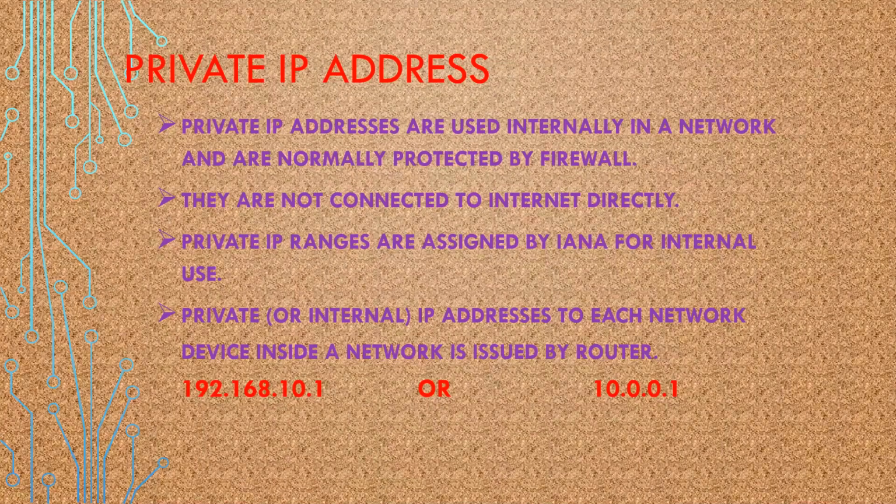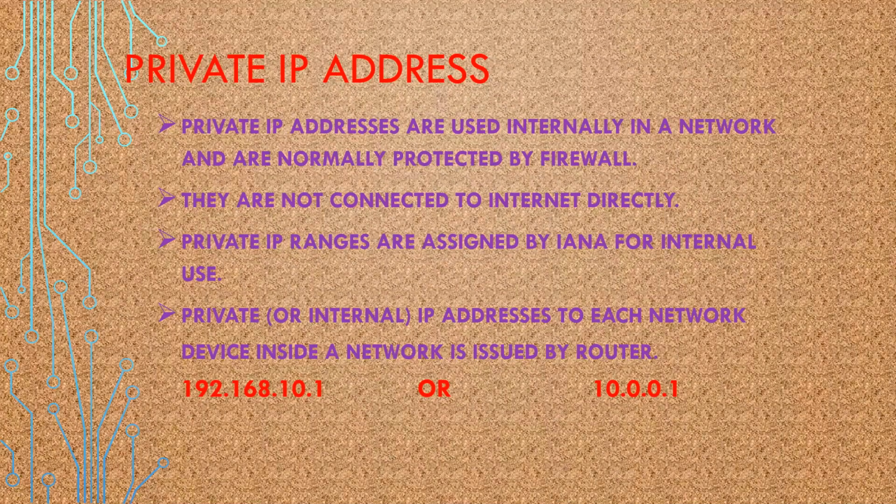As I already said, if you're connected to a network, your router provides you a private IP address. They are not connected to the internet directly; they are connected to your router, and then your router connects to the internet.